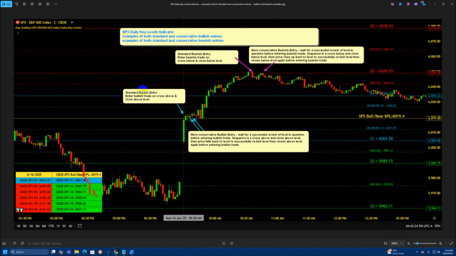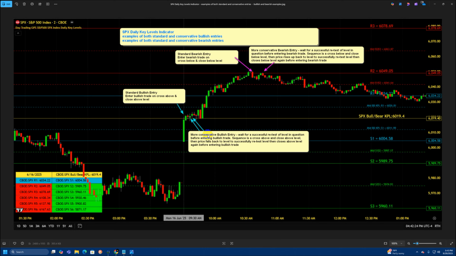So again, to go over it again, the standard bullish entry is a cross above and close above the level in question, in this case the BBKPL. So you would enter on the close of this candle here.